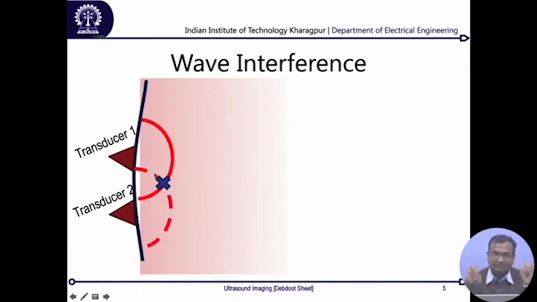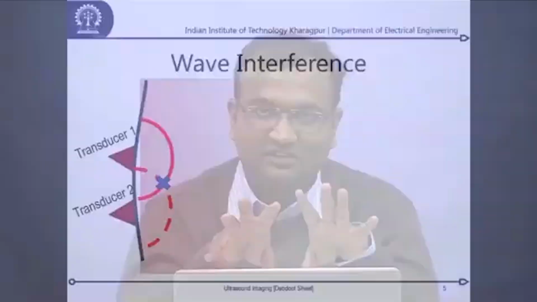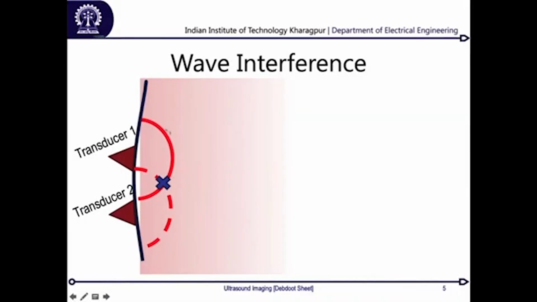Although they come from two different sources, since they are in the same phase, there will be constructive interference. When there is constructive interference, you have a summation of amplitude. So the power of the signal, which is the square of the amplitude, is much higher than anywhere else. All of these other regions will have a much lower power of this acoustic pressure wave than the point marked by the cross over here.